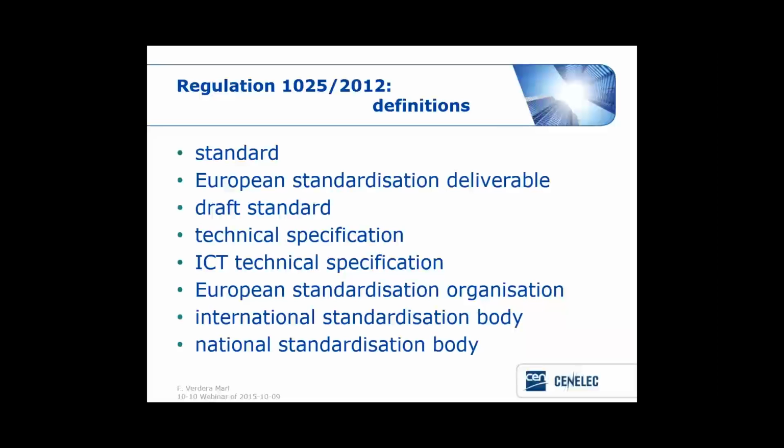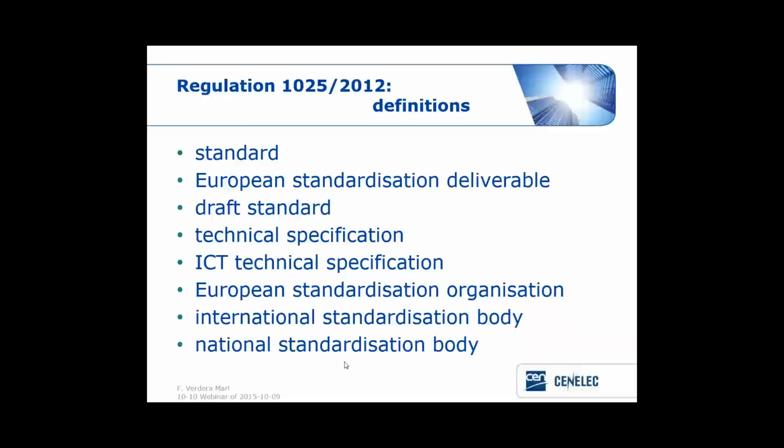And it is interesting that Regulation 1025 defines European standard organizations as the European organizations which are developing standards. There is a reference to Annex 1 of Regulation 1025 where the ESOs are listed. We have national standard bodies. There is a reference that the member states will notify the national standard bodies of each country.